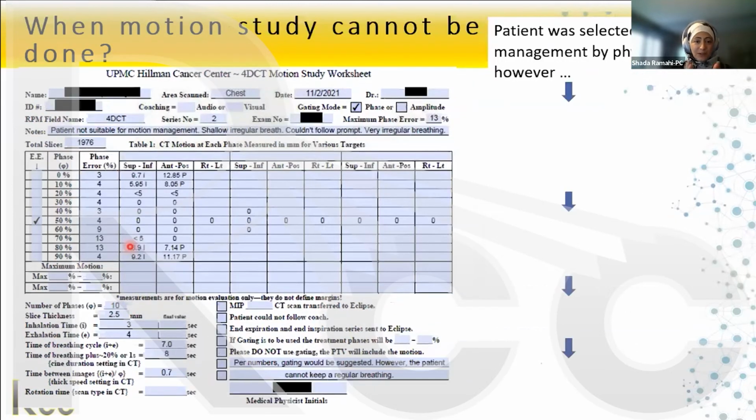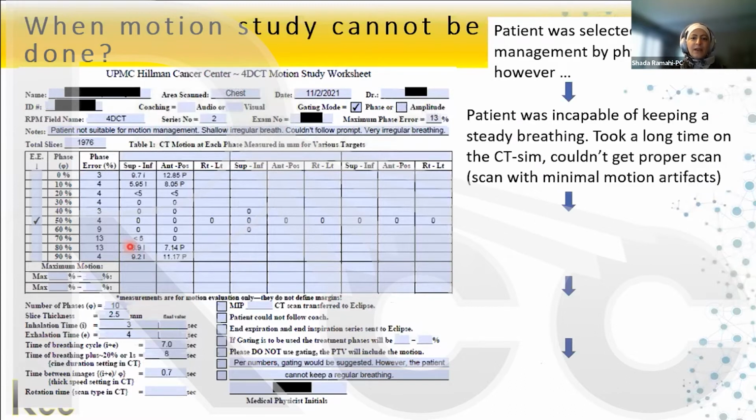So now there's another example where there is close to 13 millimeter motion in the posterior direction, right? And this patient was selected for motion management by the physician, sent to the CT simulator, physicist is available. What happened is that because of health issues, the patient was not able to keep a steady breathing.